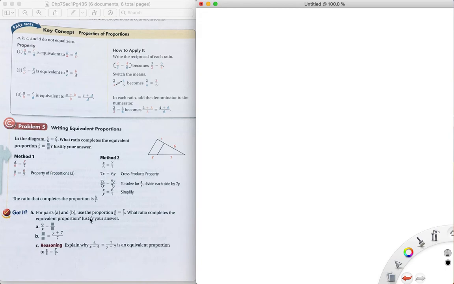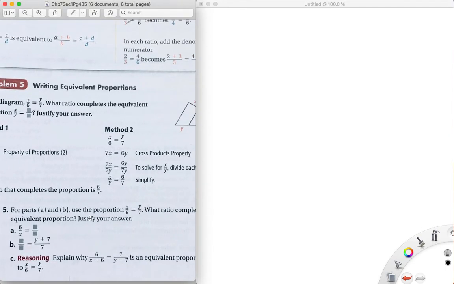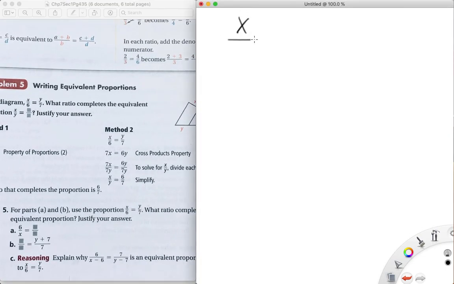All right, so here we have x over 6 equals y over 7. And for a, they say, okay, if it's 6 over x, what's the next part? Well, if I see 6 over x, the 6 went to the numerator, x went to the denominator. So this is property number 1, where it's the reciprocal.